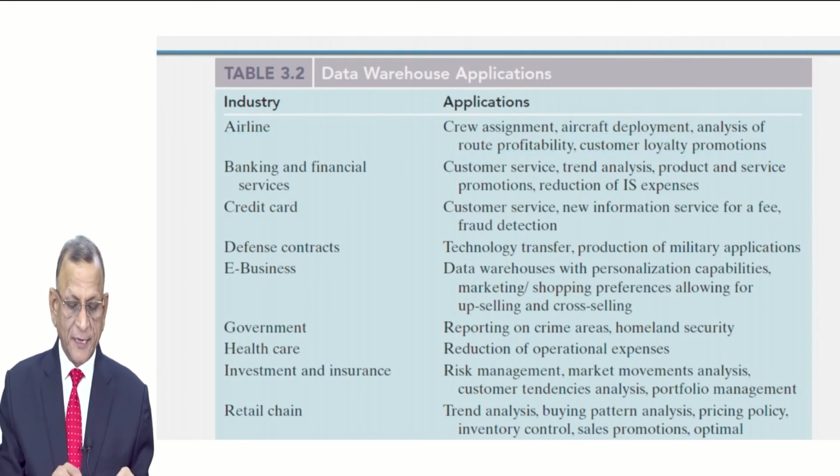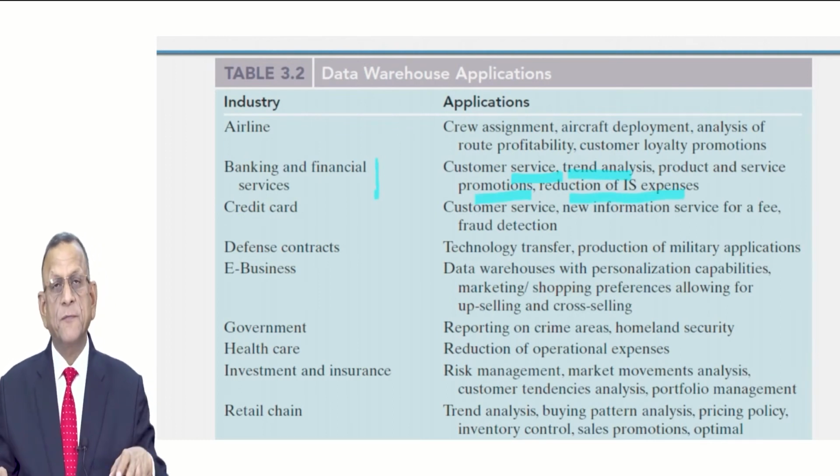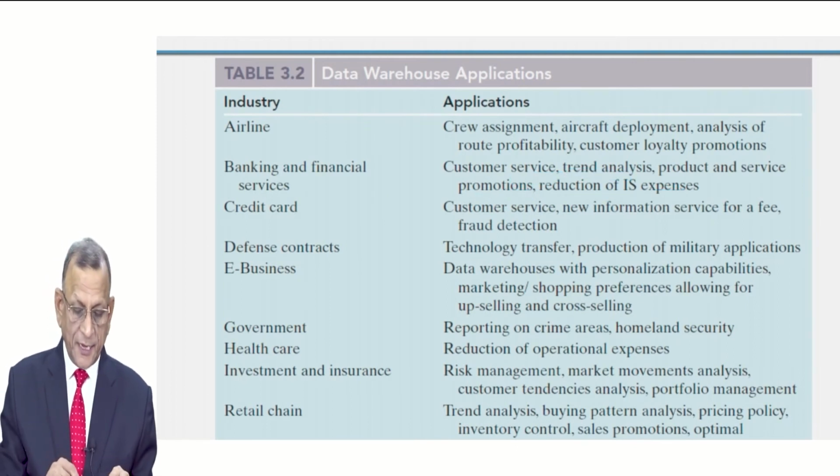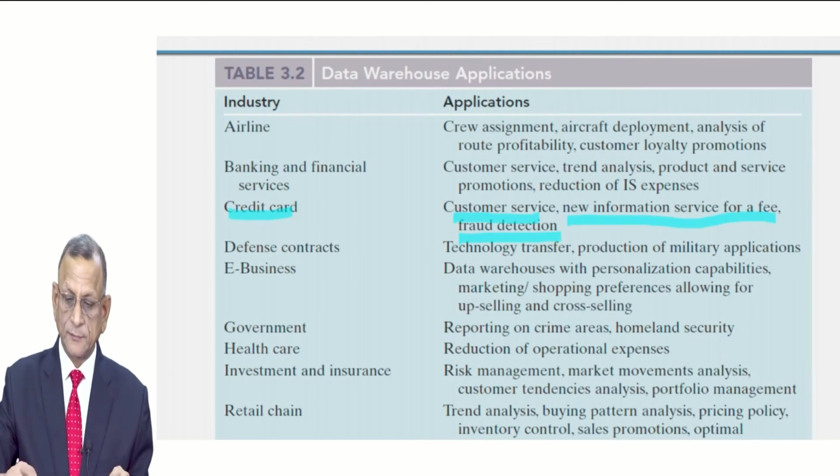Similarly, for banking and financial services, customer service, trend analysis, product and service promotions, reduction of information systems expenses. Similarly, in the case of credit cards, customer service, new information service for fee, fraud detection.